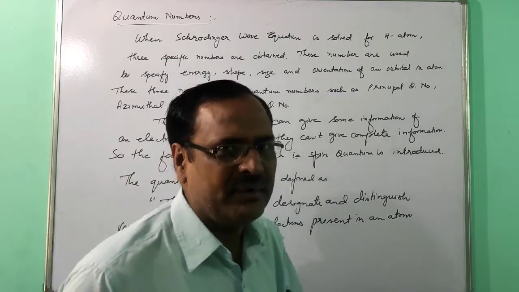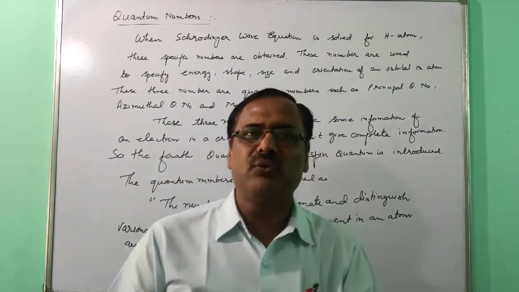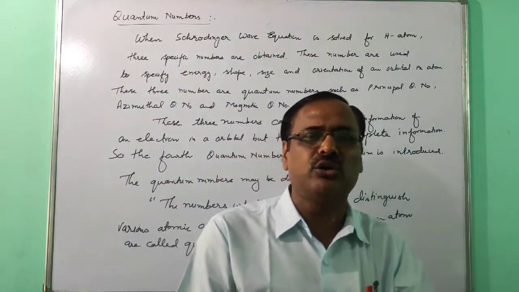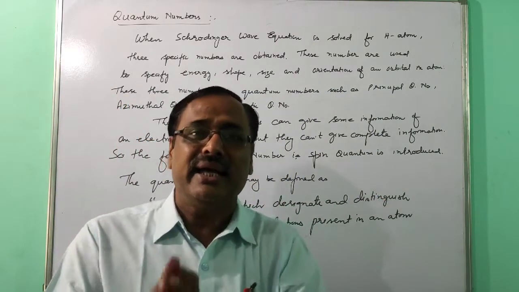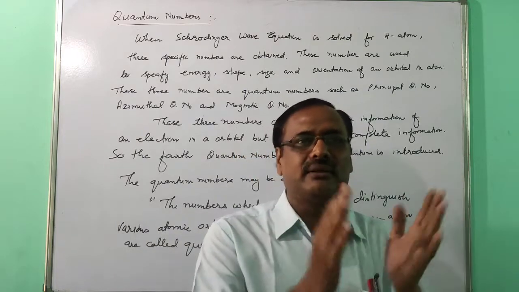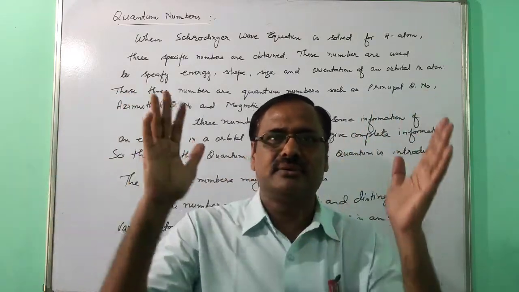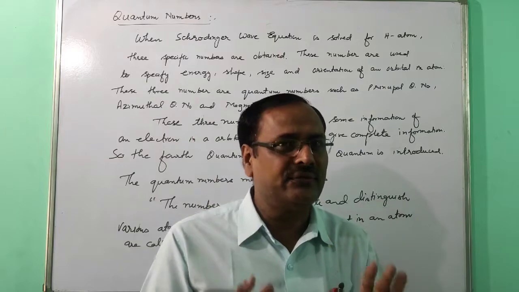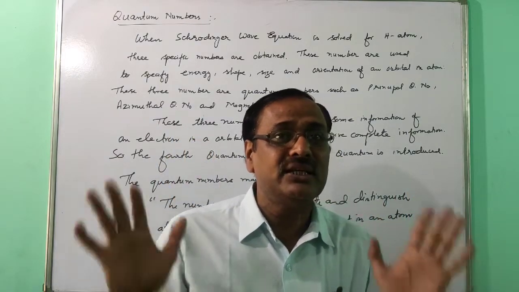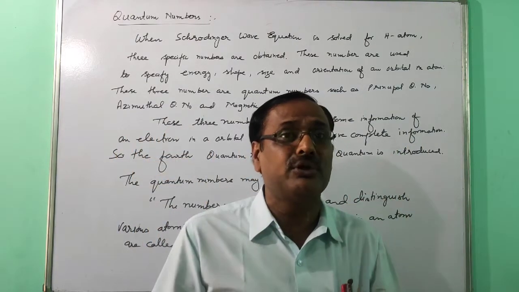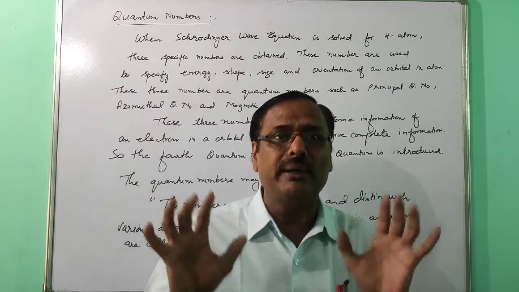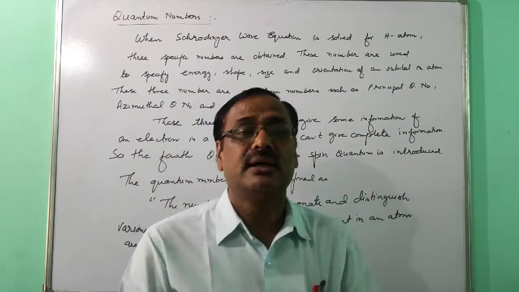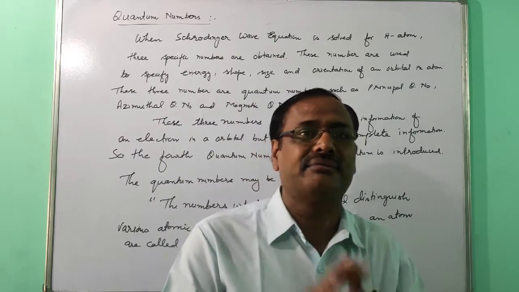With the help of these four numbers, you can differentiate between any two atomic orbitals, any two electrons inside the atom. So just keep in your mind that these quantum numbers are just like the address of the electron.